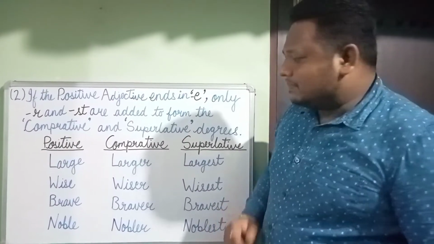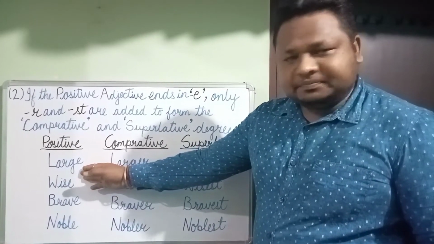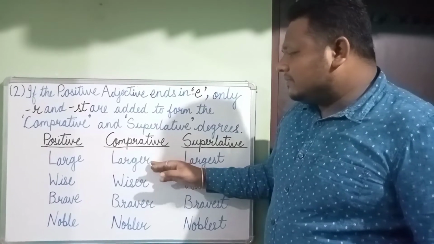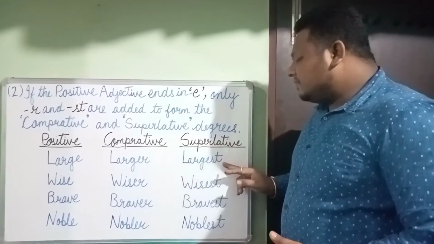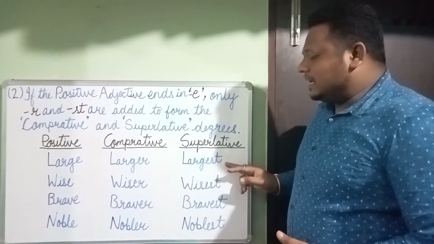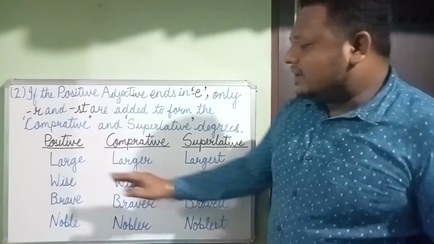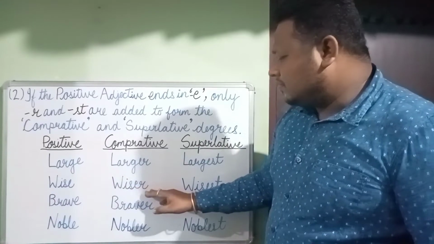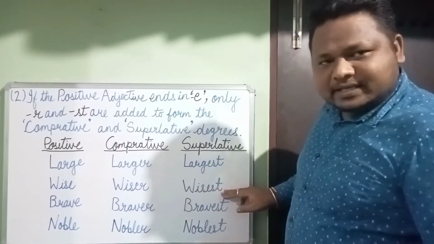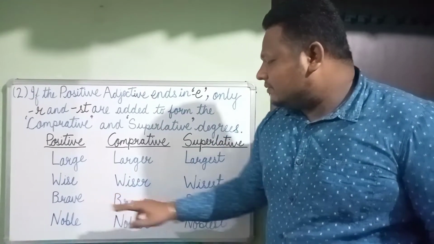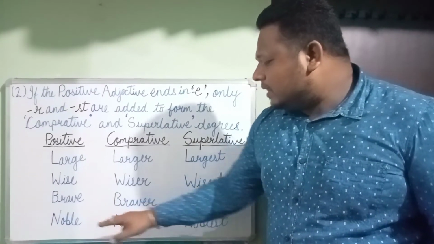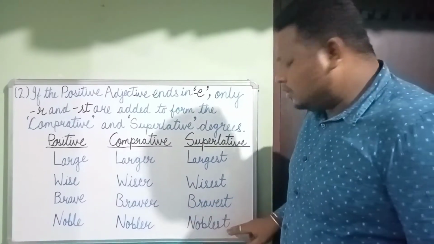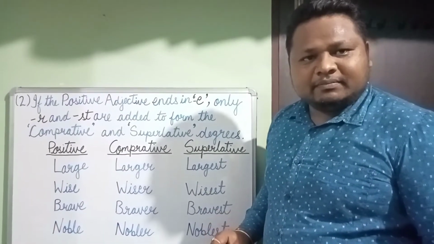Let us see some examples. Large. In comparative we added R, it became larger. In superlative we added ST, it became largest. Similarly, wise, wiser, wisest. Brave, braver, bravest. Noble, nobler, noblest, etc.